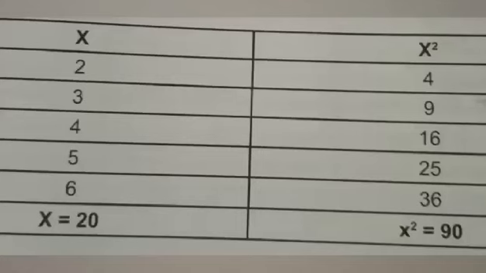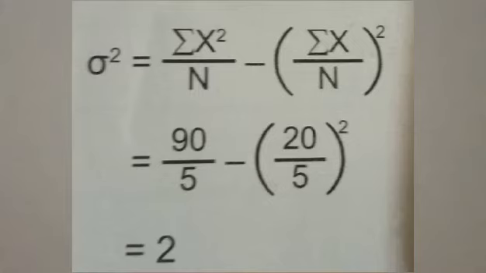To compute the variance and standard deviation of the population, we make a 2-column table wherein the first column is for the value of x and the second column is for the value of the square of x. The variance is computed using the given formula.